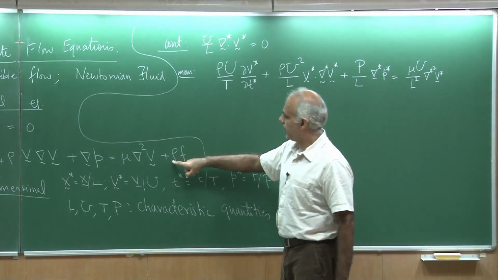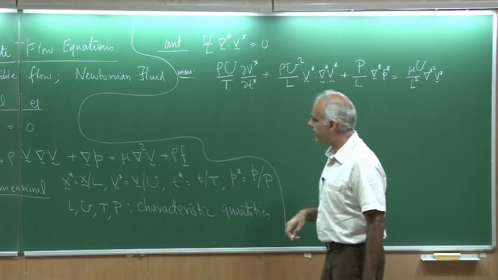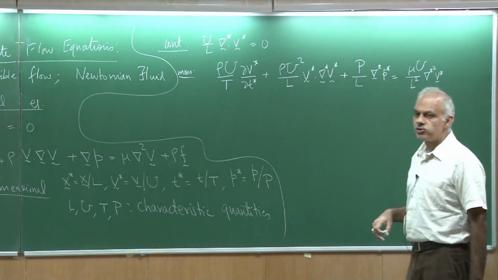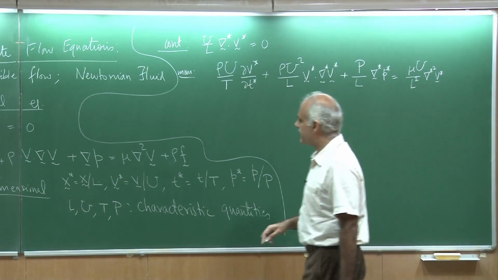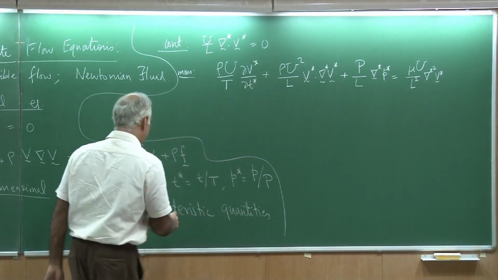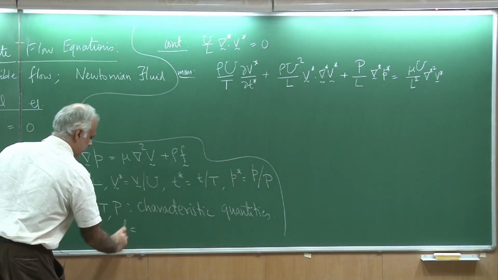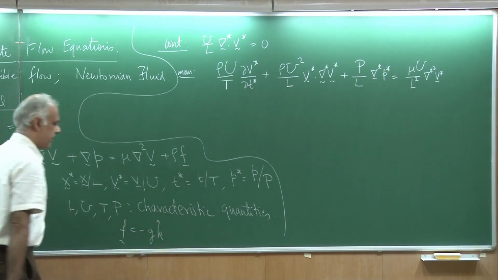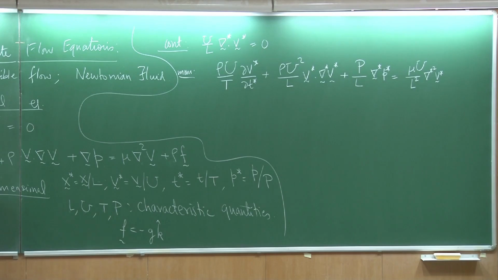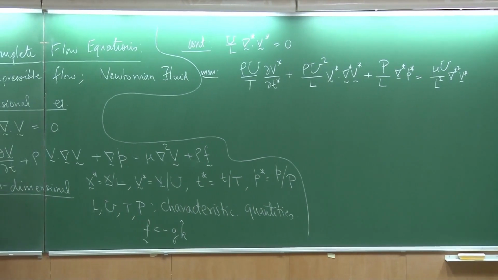Okay. Now I come to the rho F term, and I will make an assumption here that let F be actually minus g k. So I am saying that the body force is only the gravity, and it's in the k direction.